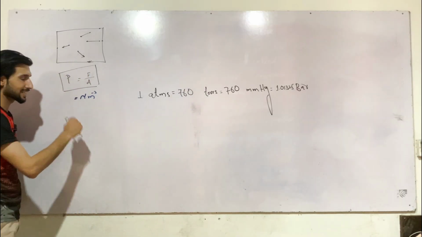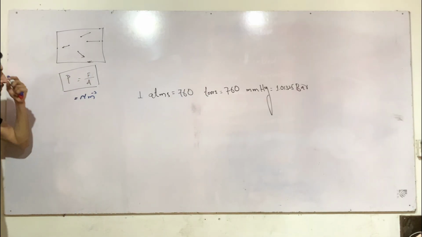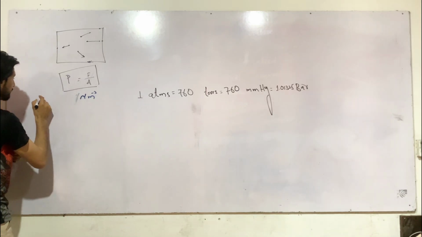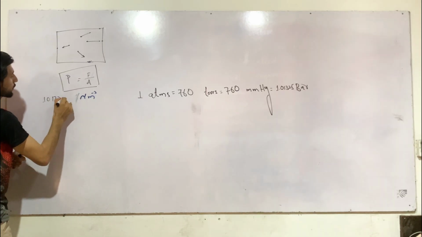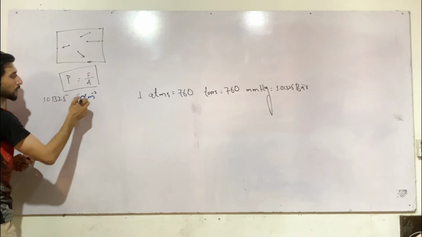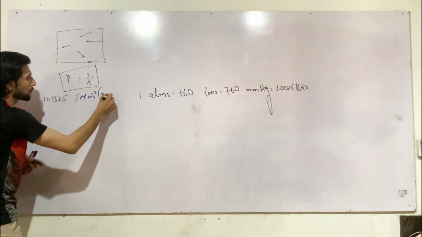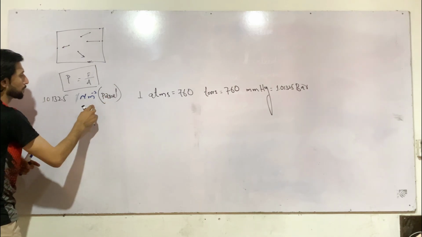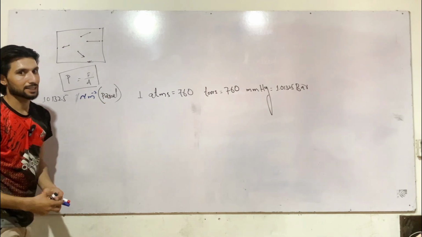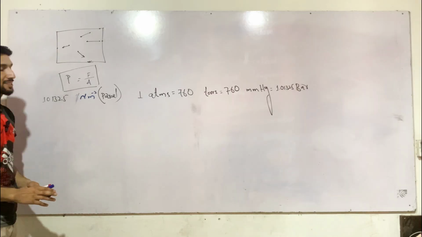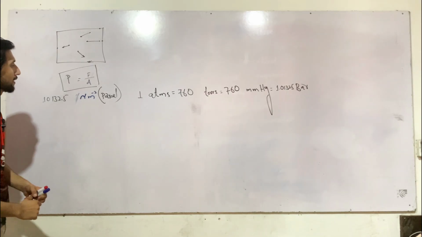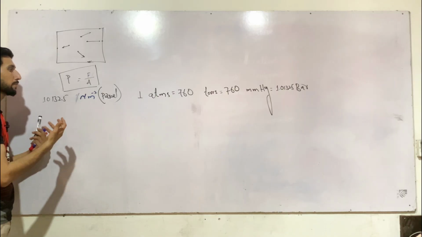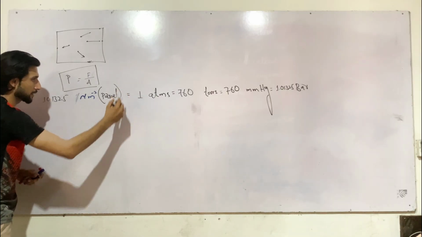But we did not talk about Newton per meter squared. So 101325 Newton per meter squared, which are also called pascals, named after a very brilliant scientist named Pascal. So 101325 Newton per meter squared, or pascals, equal 1 atm.